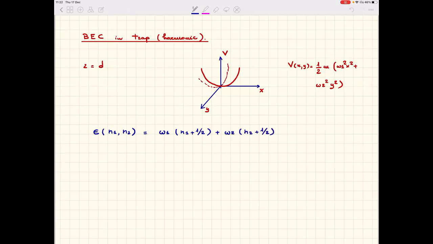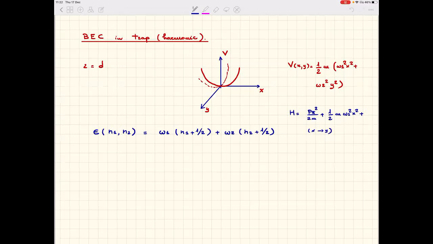Why is it so? Essentially because the problem is separable. I have two directions which are independent. So if you think for a second, the Hamiltonian is Px squared over 2m plus 1/2 m omega 1 squared x squared plus the same thing for y. Right?